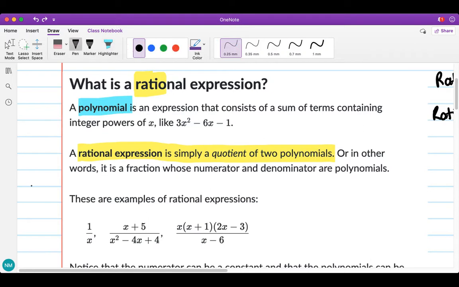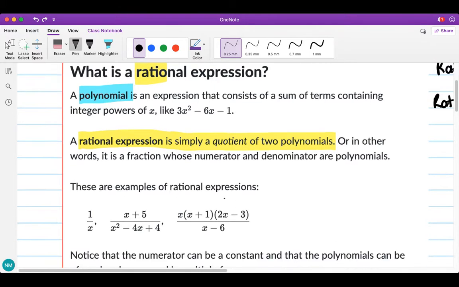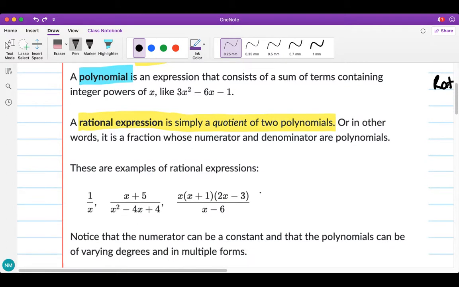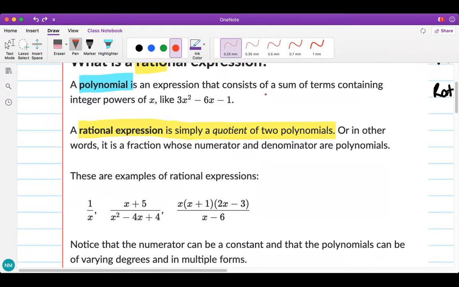We're not going to go over polynomials again, but it's important that we know that it is a quotient of two polynomials, where a polynomial has coefficients and variables. What a polynomial also has, this is key, is positive exponents.